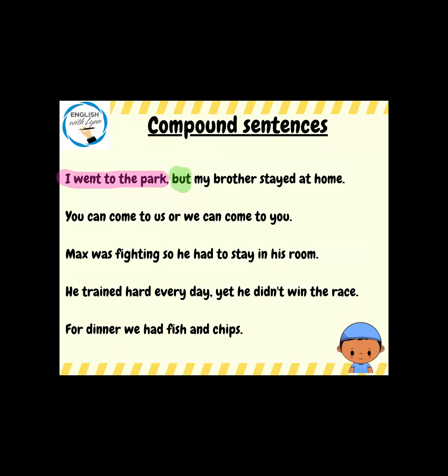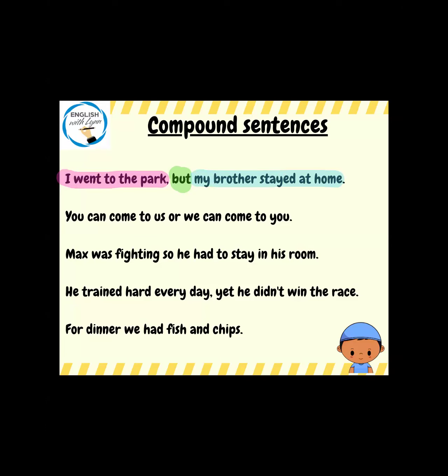The second bit, my brother stayed at home, is my second main clause. They could be individual sentences. I went to the park, full stop. My brother stayed at home, full stop. I could just have them as 2 simple sentences, but I've linked them together with the word but to make a compound sentence.